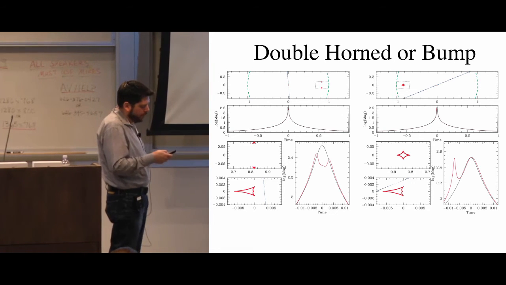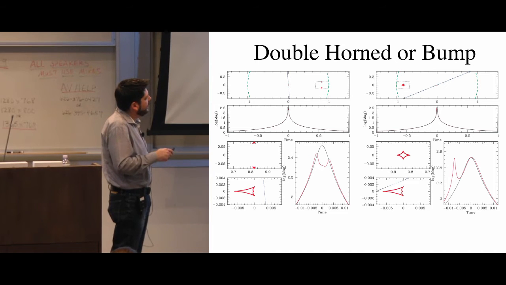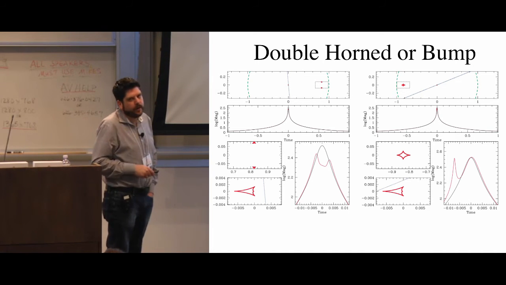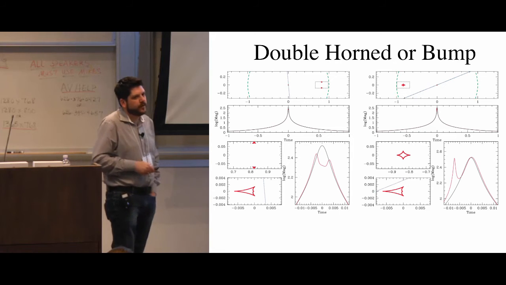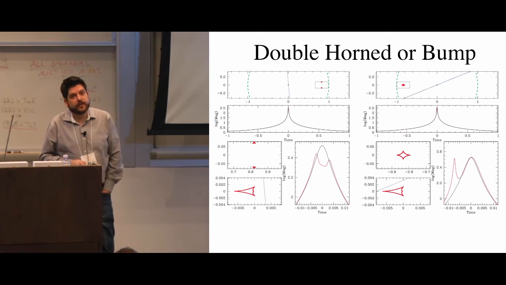Now, just to explore a little bit more what kind of perturbations you get from the central caustic, if you pass this back end, that's when you get this double-horned profile, and we've seen this in a number of events. If you pass the front end, you get a bump. Now, if you pass parallel to the central caustic, you don't really get very much unless you're really close to the caustic.